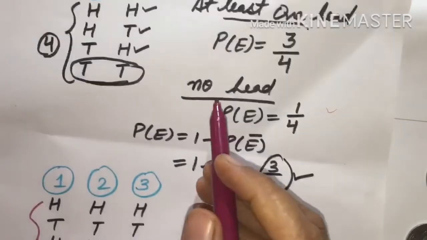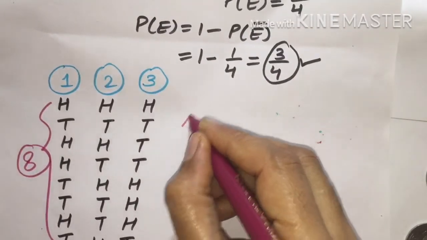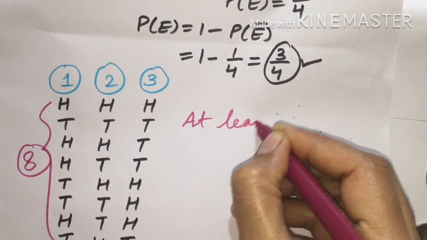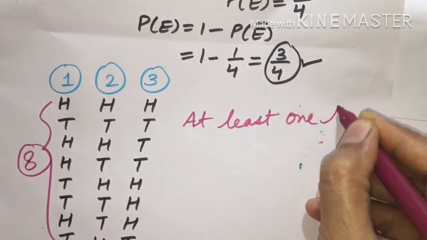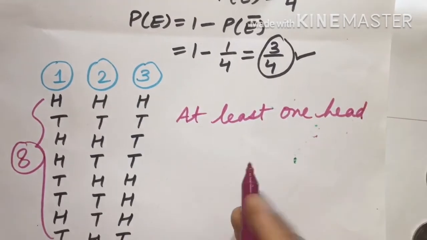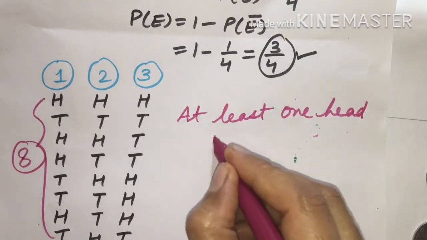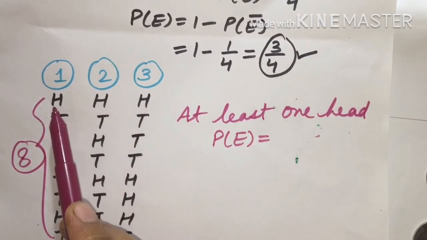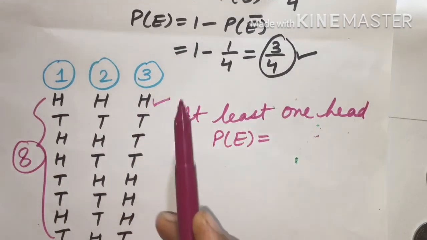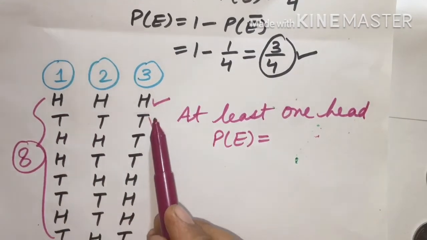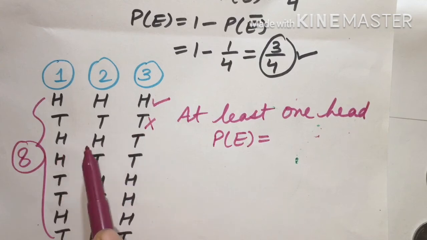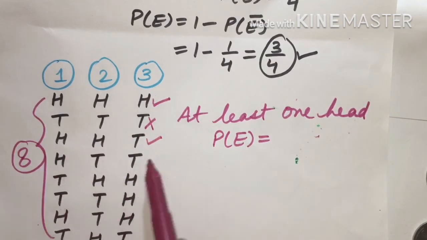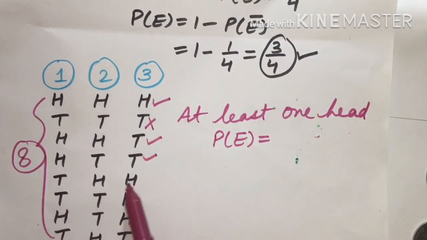As we did for the 2 coins also, if we want to find out at least one head can come, what we can do is find the probability of this event, at least one head. So 3 heads are there, we will take this. No head is there, we will not take this case. 2 heads are there, we will take this. 1 head is there, we will take this.